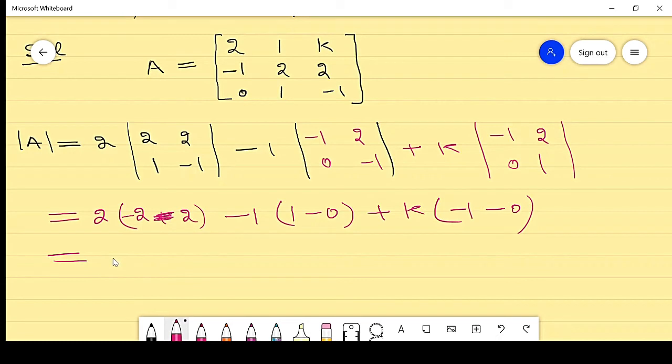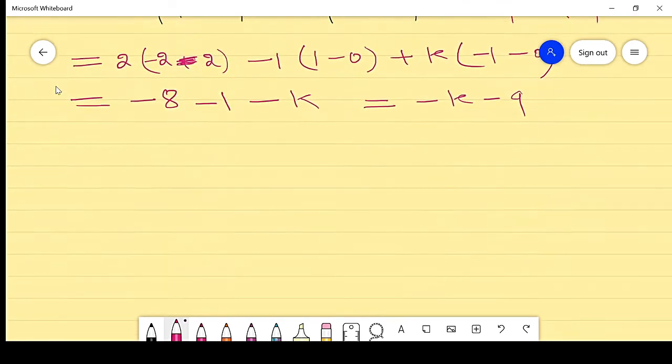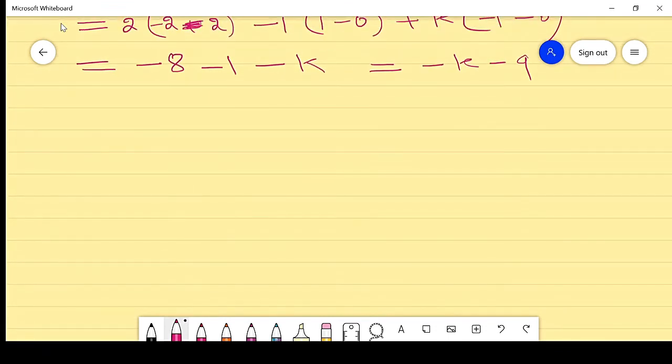So this is -8 - 1 - k. So what is this? This is -k - 9. Clear? So first find the determinant of the matrix.